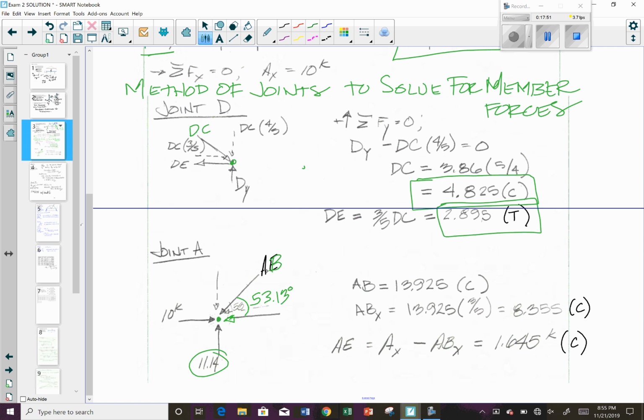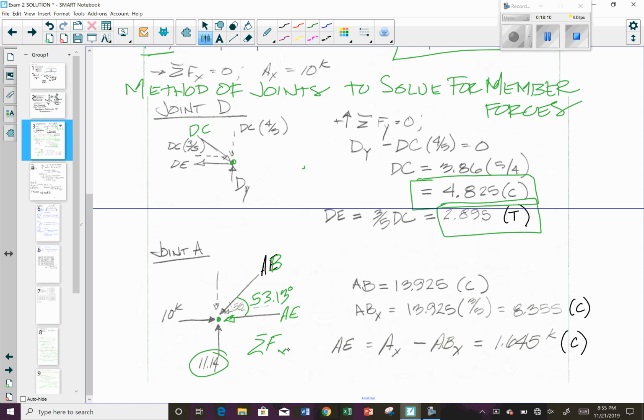So with this component, I want to take the horizontal component of this member, AB, the X component, is equal to 8.355.